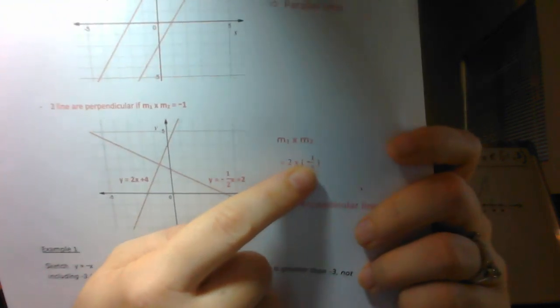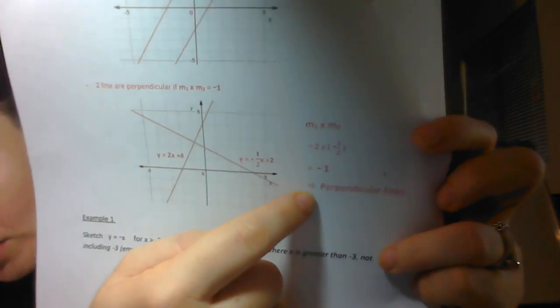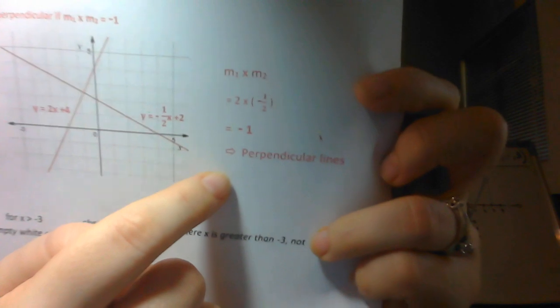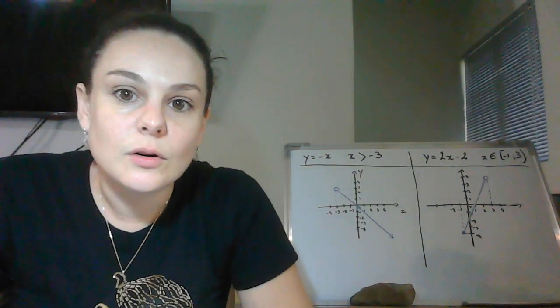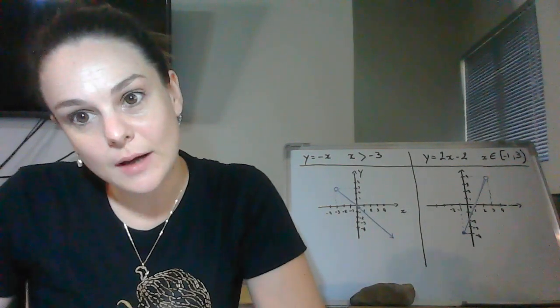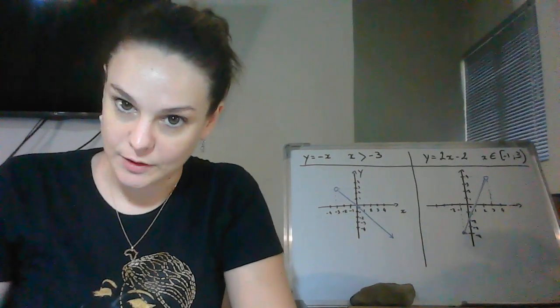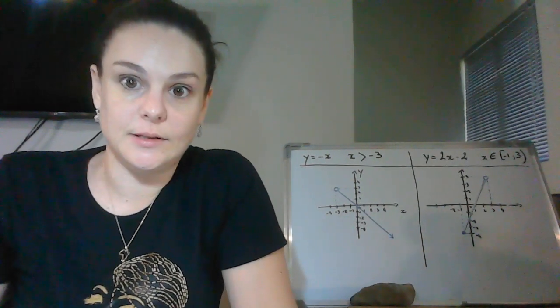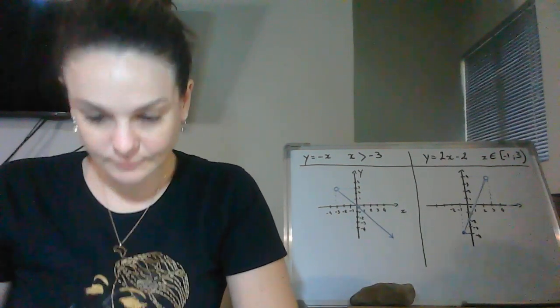So 2 times minus a half gives me minus 1. Conclusion, the two lines are perpendicular. If you get minus 0.9, it's not perpendicular, it's not equal to minus 1. It must be exactly minus 1. If yes, the two lines are perpendicular. They intersect at a 90-degree angle.